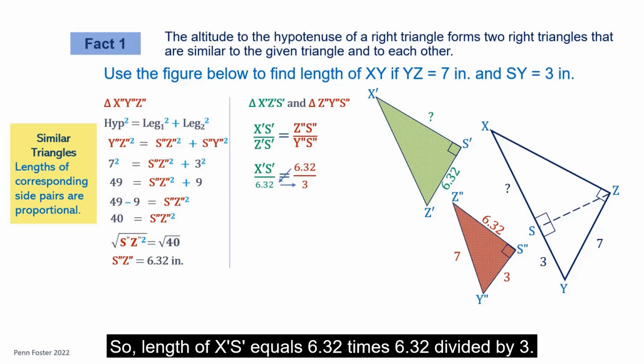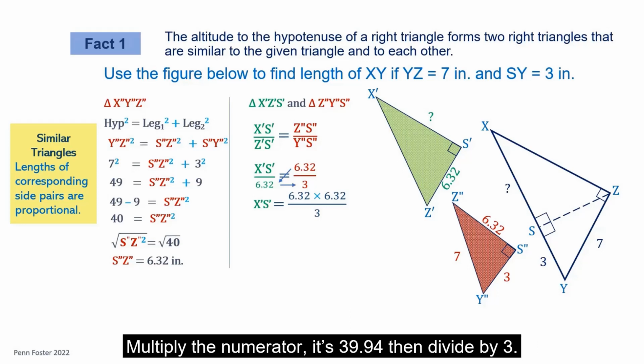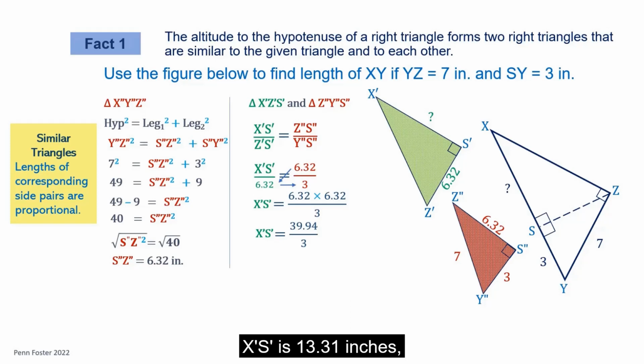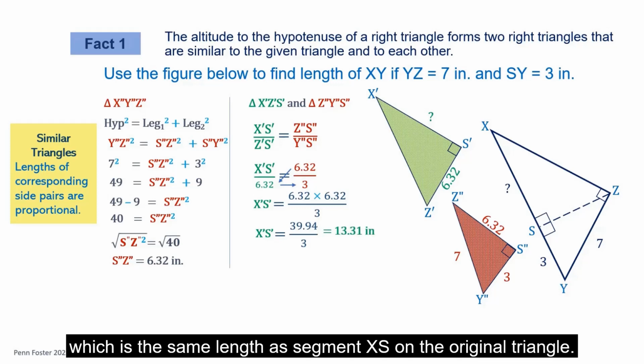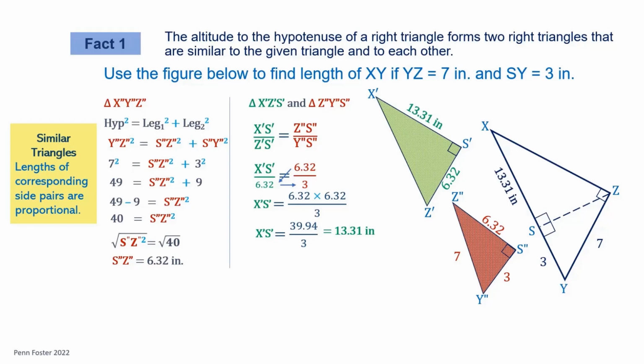So, the length of X'S' equals 6.32 times 6.32 divided by 3. Multiply the numerator, it's 39.94, then divide by 3. X'S' is 13.31 inches, which is the same length as segment XS on the original triangle.